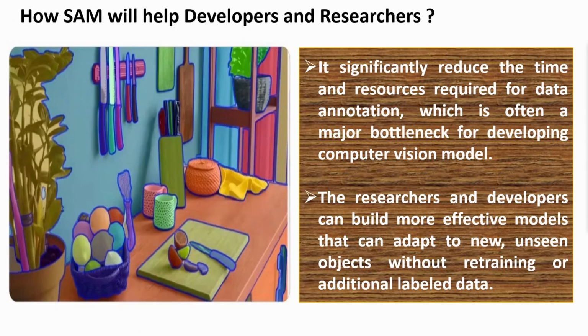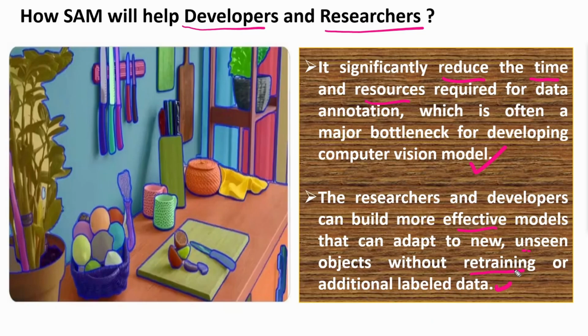The second question is how SAM can help developers and researchers. It significantly reduces the time and the resources required for data annotation, which is often a major bottleneck for developing a computer vision model. Researchers and developers can build more effective models that can adapt to new and unseen objects without retraining or additional labeled data.